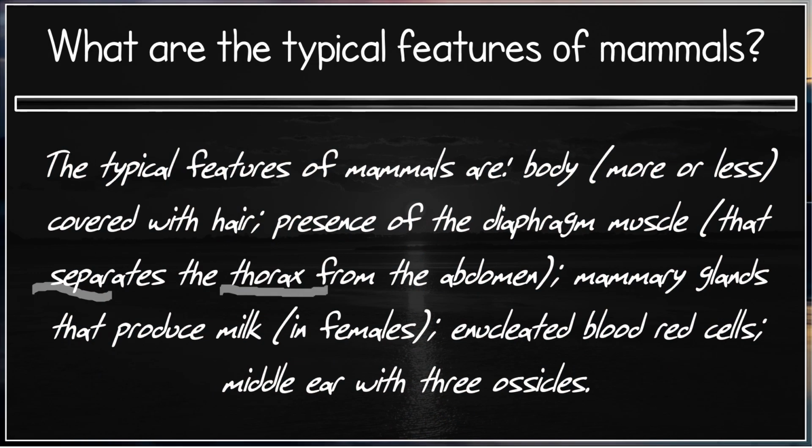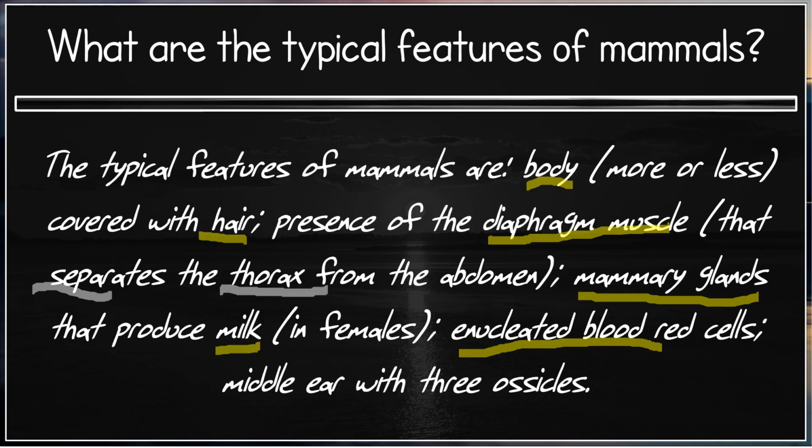The typical features of mammals are: body more or less covered with hair, presence of a diaphragm muscle that separates the thorax from the abdomen, mammary glands that produce milk in females, enucleated red blood cells, and a middle ear with 3 ossicles.